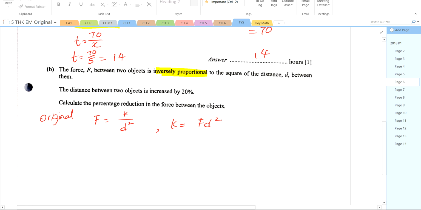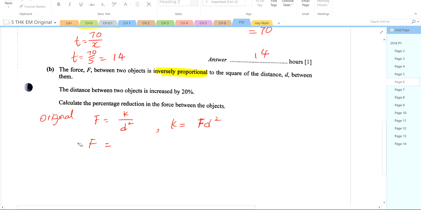Take note, this F over here and this d over here, they are both the original values. Now I've got a new force. The new force must be equal to K over the new distance, and we square it. What is the value of K? F d squared, and just now we said that the F is the original F, the d is the original d. So let me put them all in.